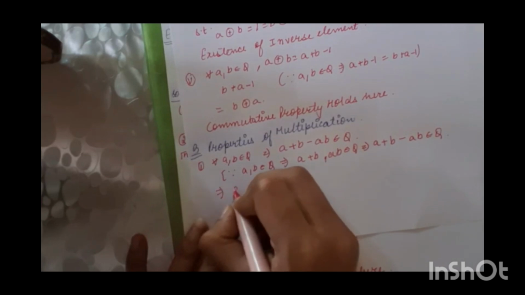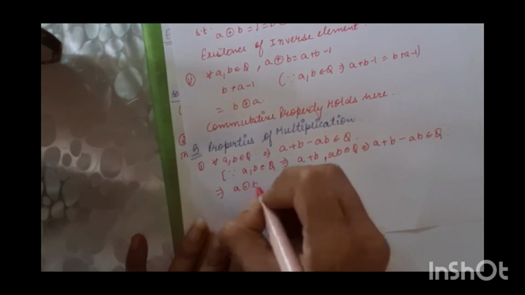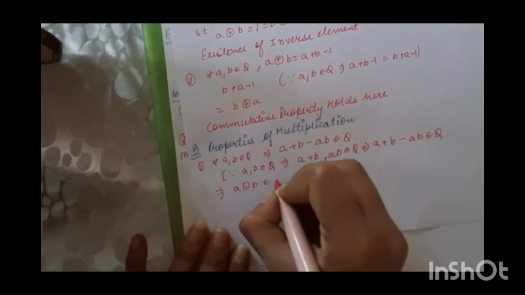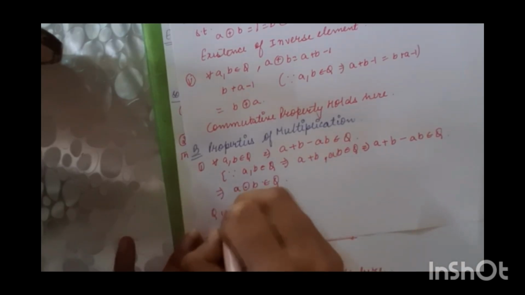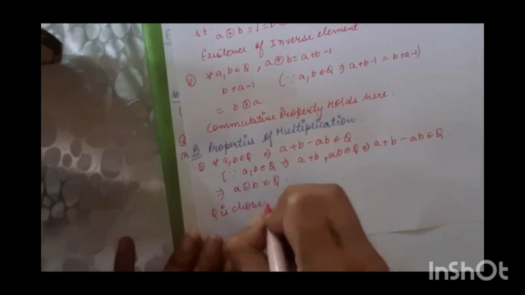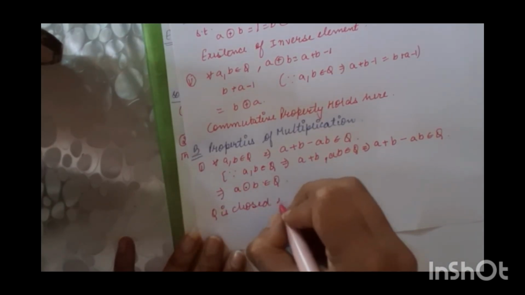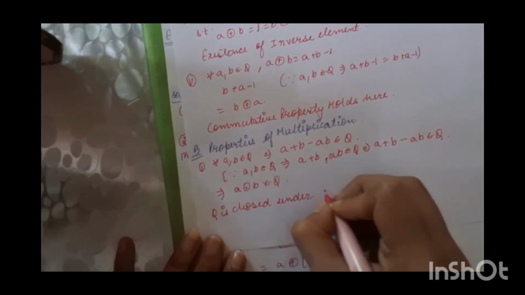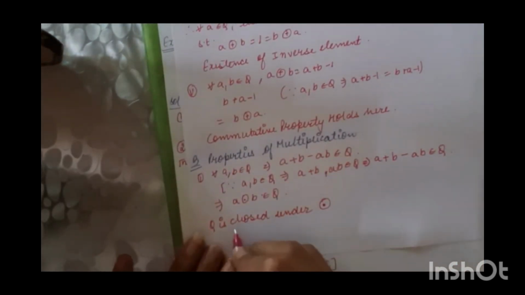So this implies that A operating on B belongs to Q. So yes, Q is closed under this particular operation. So we have proved this closure property.